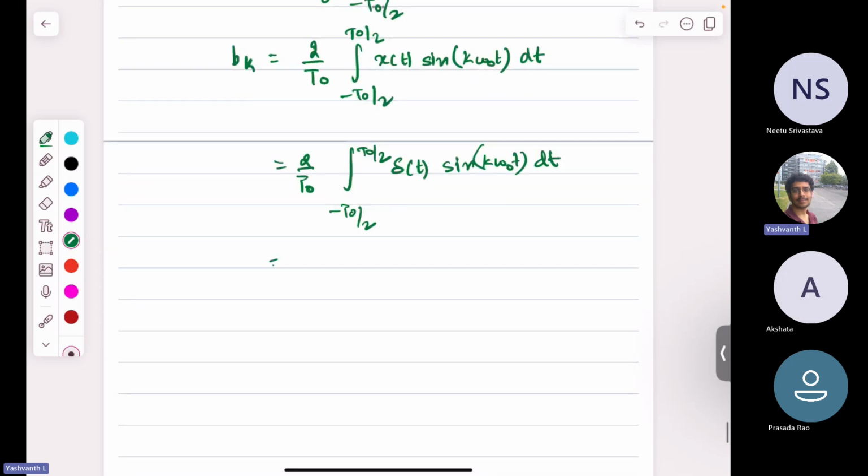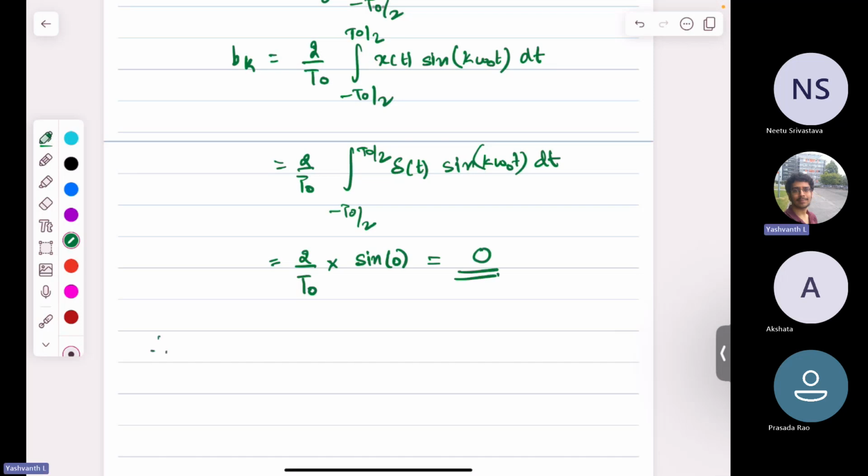Now, what is this value? Yes, tell me. 0. Correct. Because only at t equal to 0 will delta of t have a non-zero value, and in that case you will have sine of 0, and sine 0 is 0, so this is equal to 0.